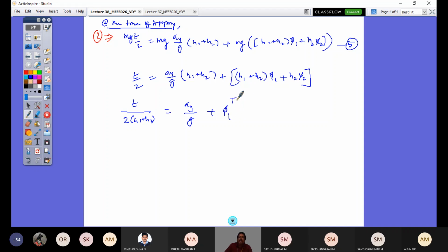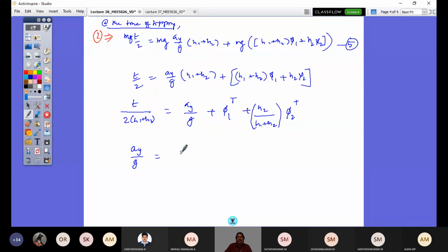Here I have taken h1 plus h2 out, so it is going to be phi 1, which I call the threshold value phi 1t, plus h2 by h1 plus h2, because the h1 plus h2 term is taken out, into phi 2t, the threshold value of this. Now my interest is this ay by g, which is the maximum permissible lateral acceleration just before the time of tipping.